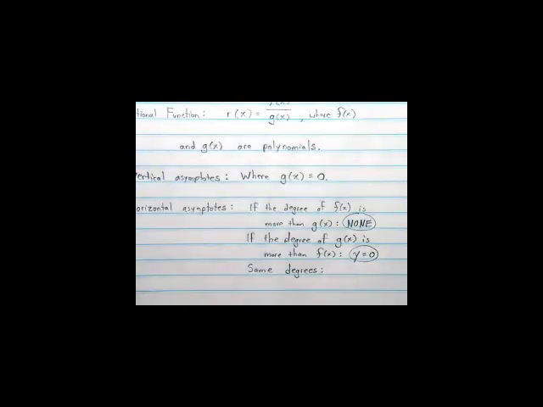Only those two leading terms matter. So what's going to happen is determined by 3x to the 4th divided by x to the 4th. And what does that simplify to? Which is 3, right? So my horizontal asymptote there should be 3, because it's going to get closer and closer to 3 based on that. So, same degree, this is why we always say divide the leading coefficients, for that particular reason right there, okay?